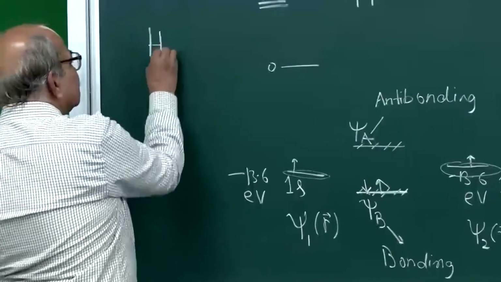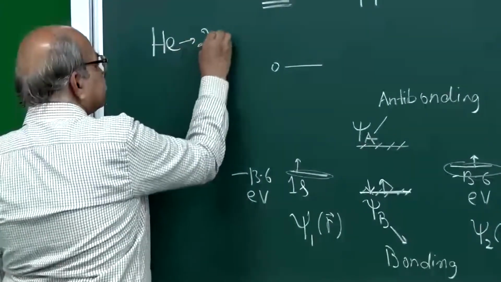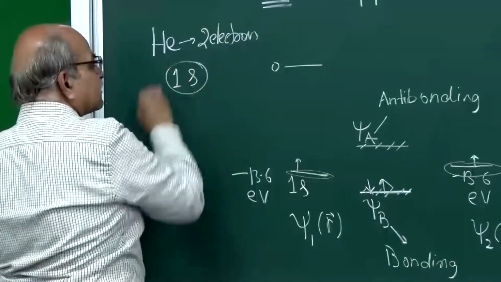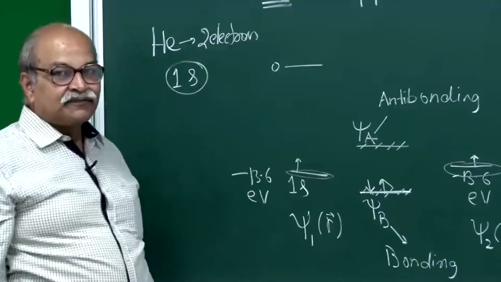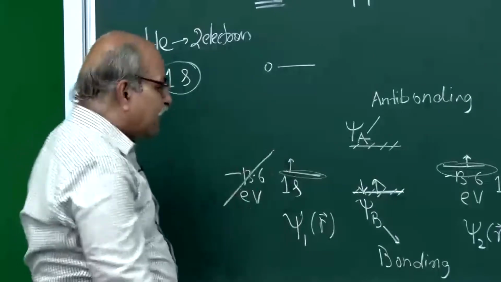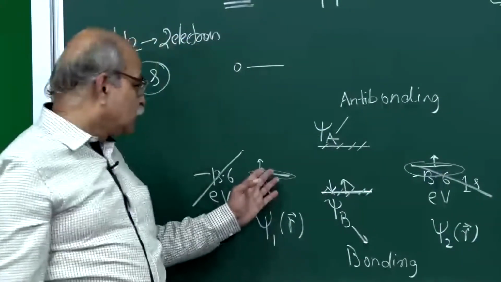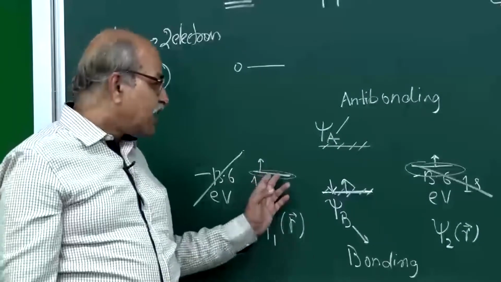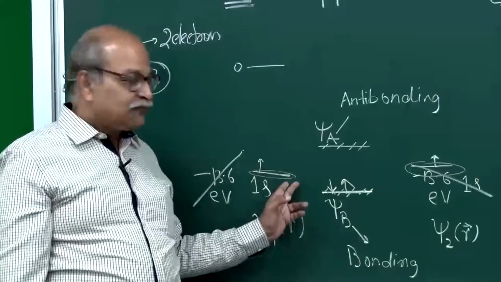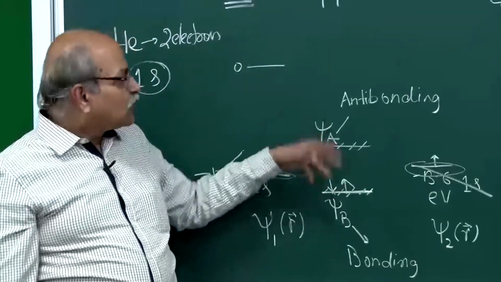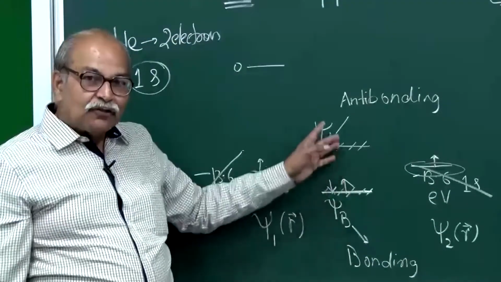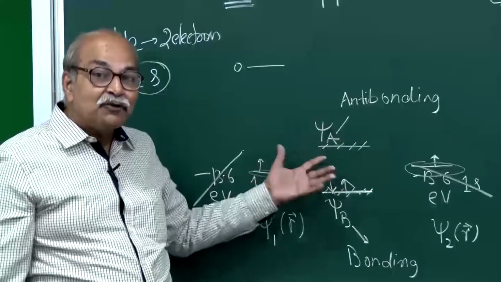In helium, you have 2 electrons, and both the electrons are in 1s. So if you have 2 helium atoms, then you have 2 electrons here and 2 electrons here. 4 quantum states, 4 electrons, and therefore the splitting is there. If you solve this Schrodinger equation, you will still get this splitting, but all those 4 quantum states will be occupied by the 4 electrons.